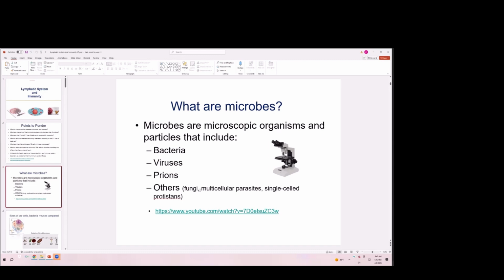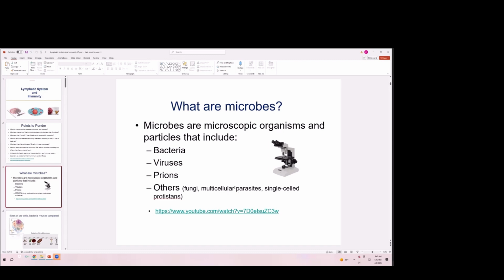We know fungi include mushrooms, which we can see, but we are referring to things like yeast, and some other kinds of small fungi that are too small for us to be able to see.